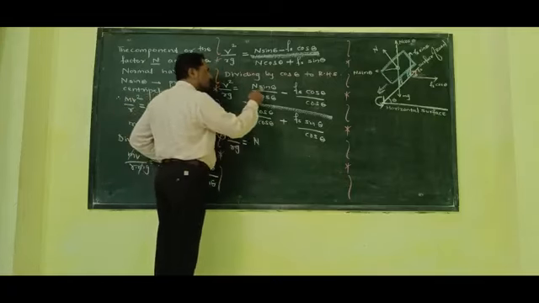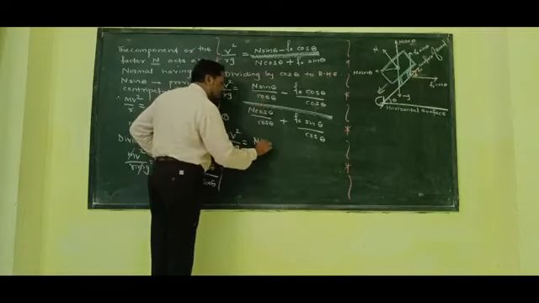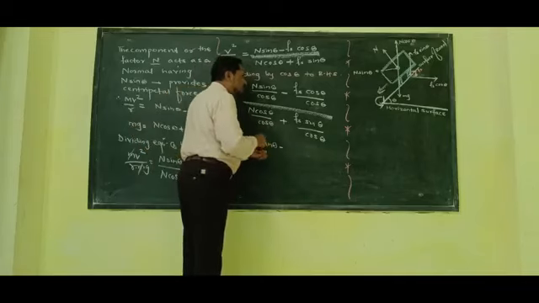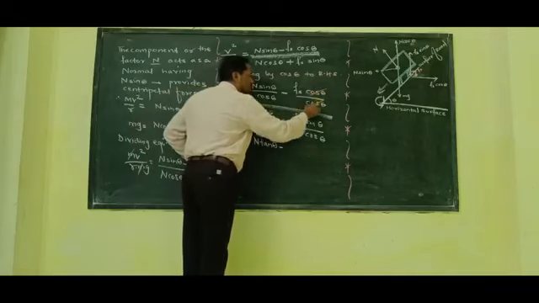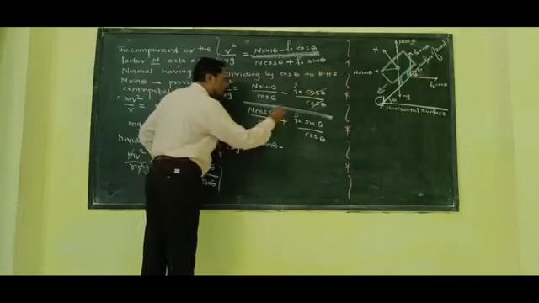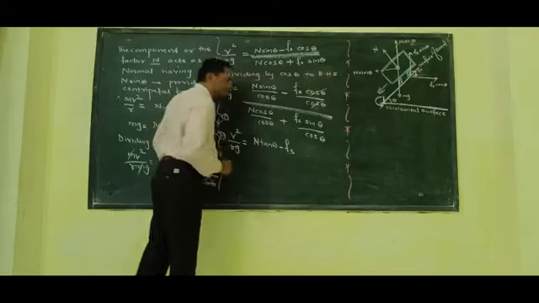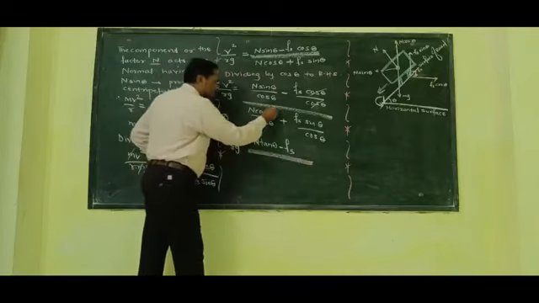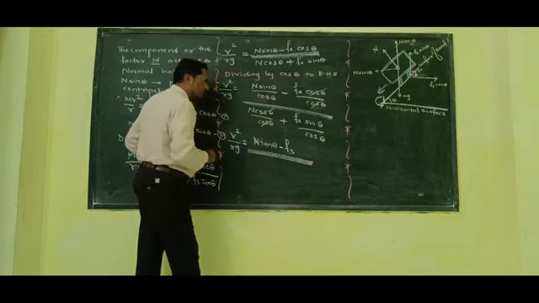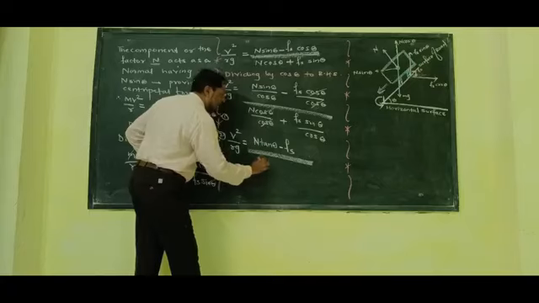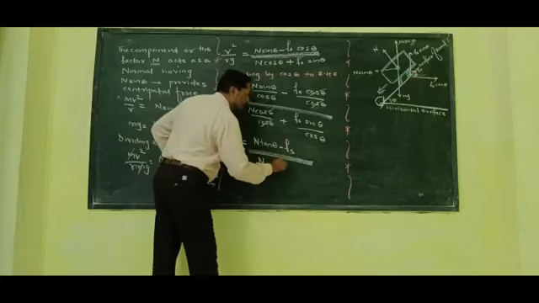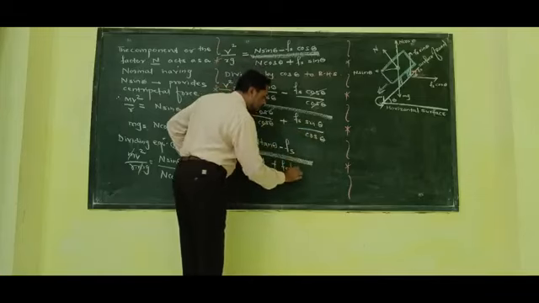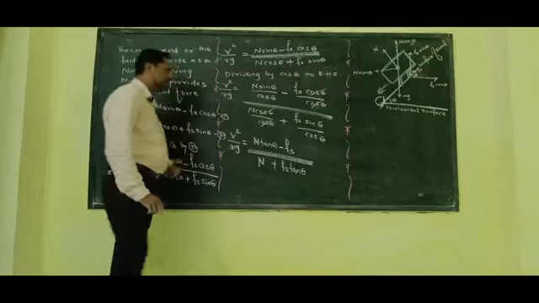We are well familiar that sin theta by cos theta is nothing but tan theta, minus, here the cos theta factor gets cancelled. What remains is only Fs, divided by, here also cos theta gets cancelled, what remains is n plus Fs as it is. Once again, sin theta by cos theta is nothing but tan theta.